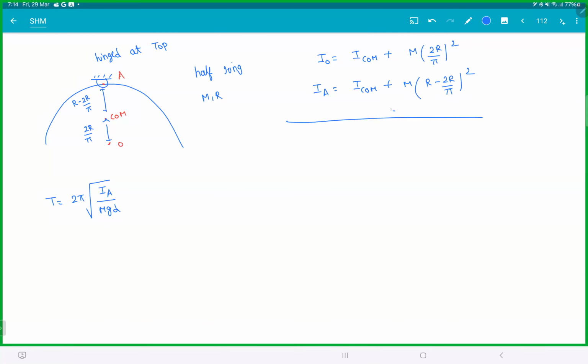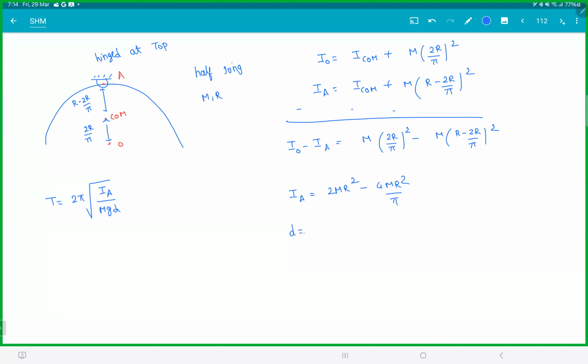Subtract them. So here we get I_A in terms of I_O. I_O is nothing but mr square. We get this thing.